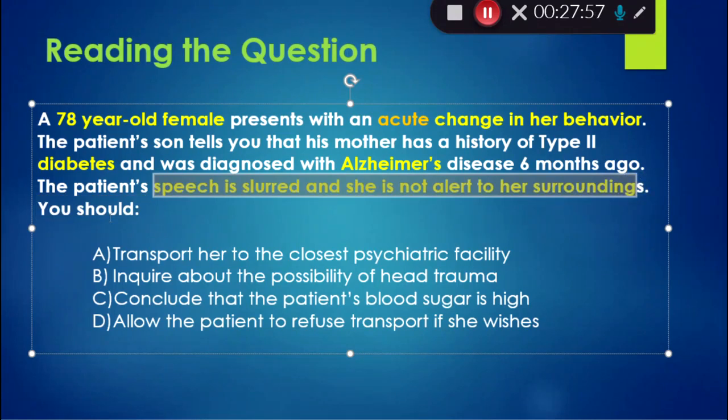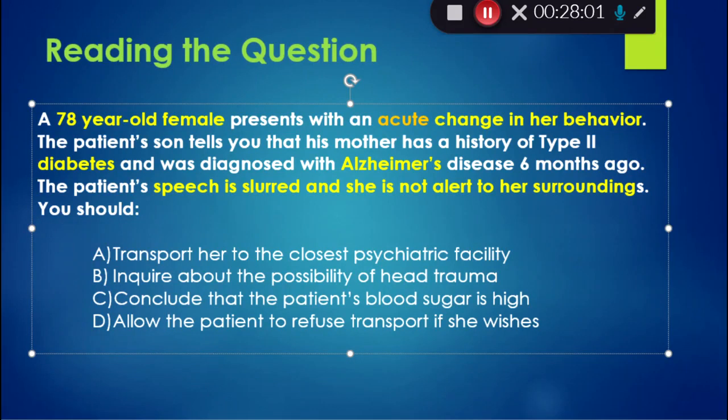Okay, so I have to look at this. What do I know? Okay, I know she had this sudden change in behavior. Her son is there. He tells you she's diabetic, she has Alzheimer's. Both of those can cause a change in behavior. Diabetes can cause a change in behavior fairly suddenly. Alzheimer's, not so much. I mean, the Alzheimer's disease is going to progress slowly.